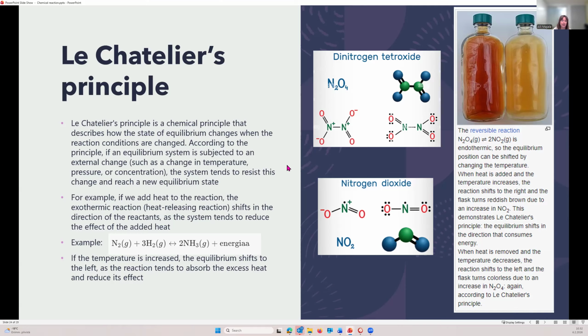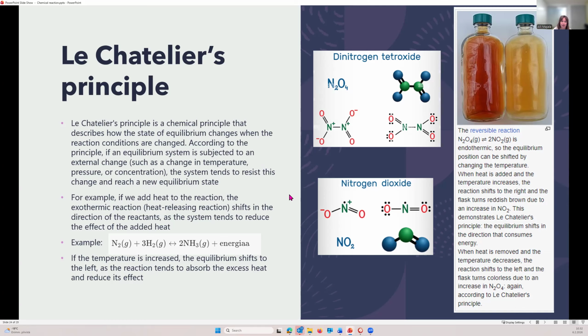So if an equilibrium system is subjected to an external change, such as a change of temperature, pressure, or concentration, the system tends to resist this change and reach a new equilibrium state.